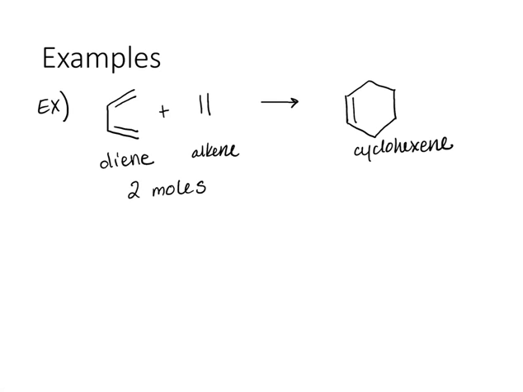And how many moles of the product do we have? Just 1. All right, so since we have more moles of reactant than product, is this going to be a negative entropy or a positive entropy situation?